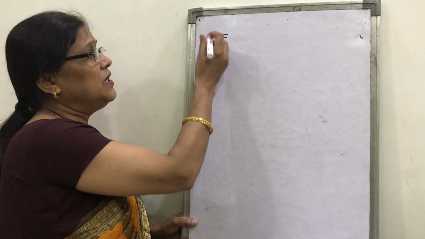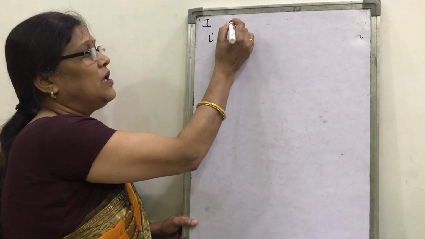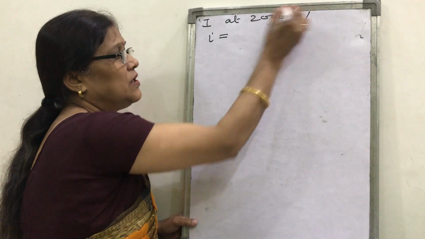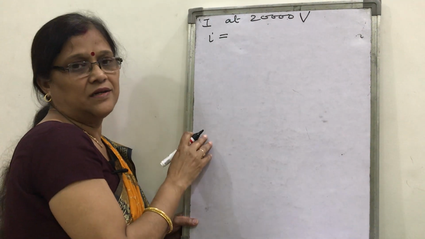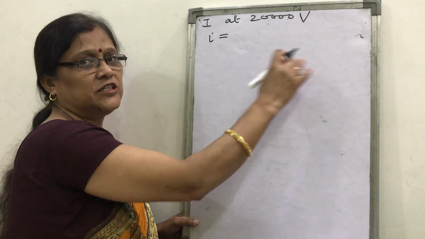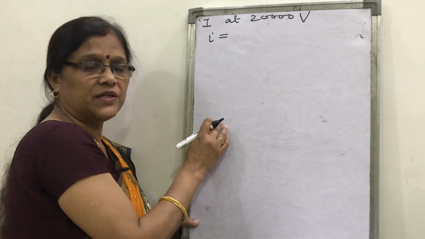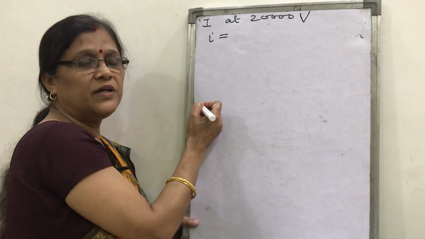So in the first case, when the supply is at 20,000 volt, what will be I?